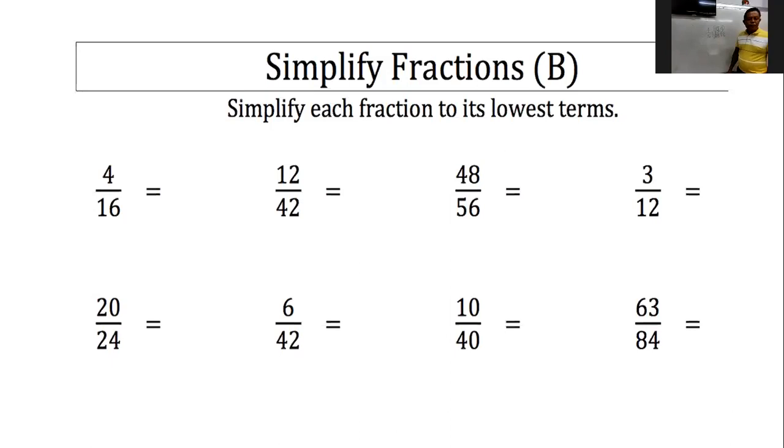Okay. So our greatest common factor is 4. So now let's divide the fraction. 4 divided by 4 equals 1, and 16 divided by 4 equals 4. So our lowest term is 1/4. Get it? Good. Very good.